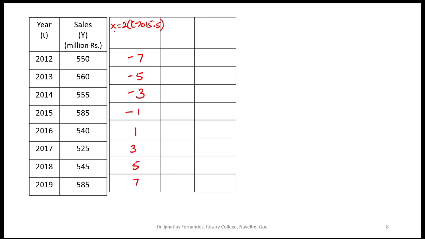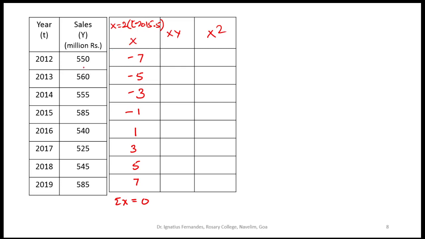Now because I define my x this way by taking this arithmetic mean, when I take summation x, this is going to be equal to 0, and that is the reason why we suggest defining x this way, because this will also simplify our future calculations. What we need is xy and x square in the normal equations. So if I find xy, you have to multiply these x values to these y values.